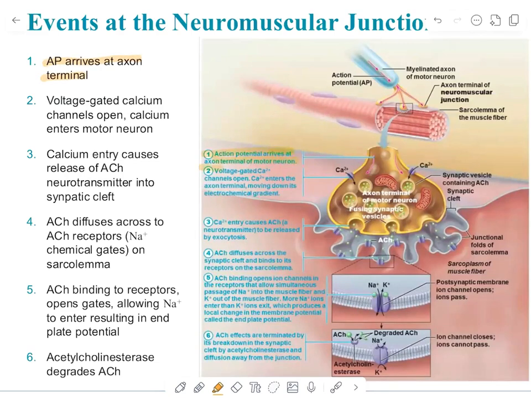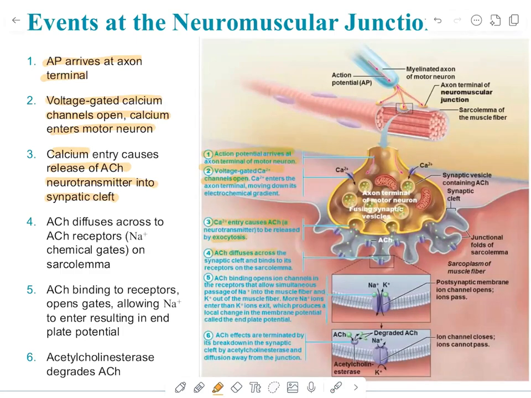The next thing is voltage-gated calcium channels open. Calcium enters into the axon terminal. Calcium is what causes the release of the neurotransmitter. So the synaptic vesicles move to the end of the axon terminal and are released by exocytosis.